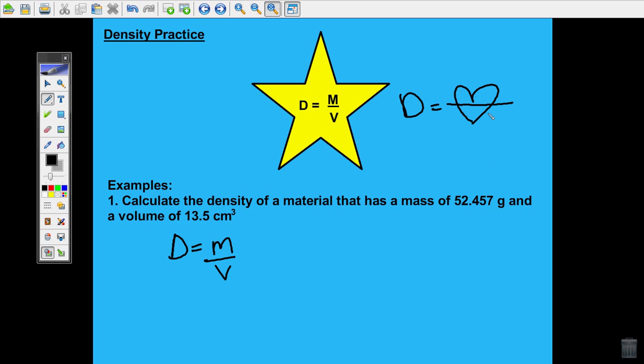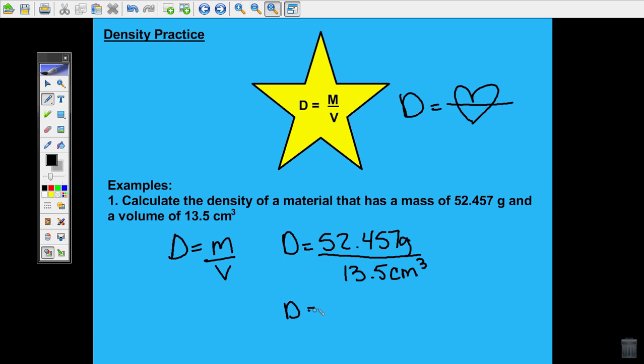See, mass over volume. So my mass is 52.457 grams divided by my volume, 13.5 centimeters cubed, and I just divide.